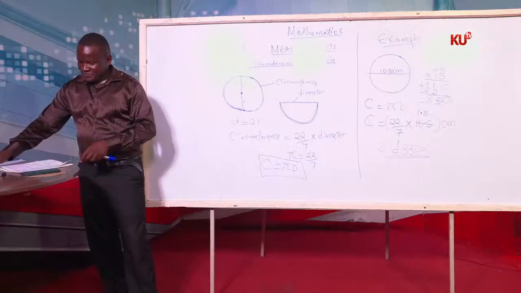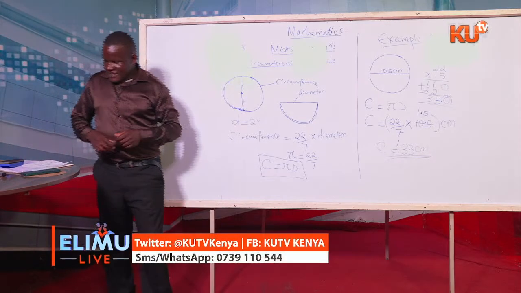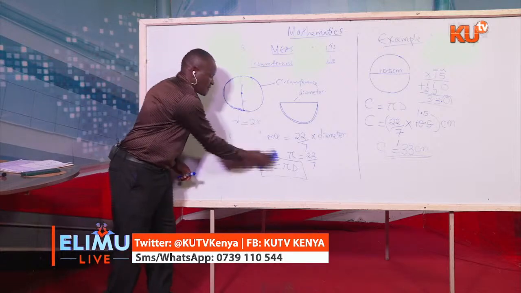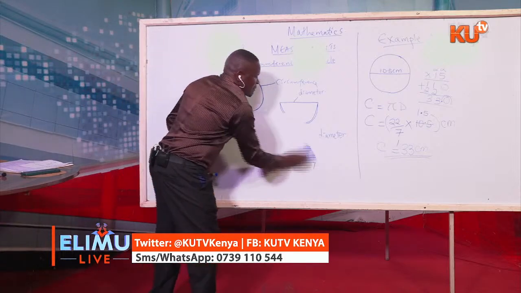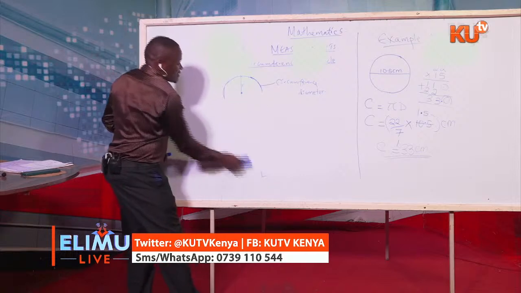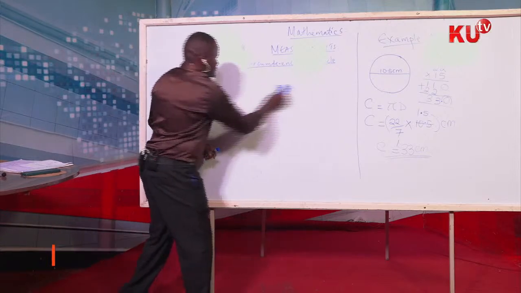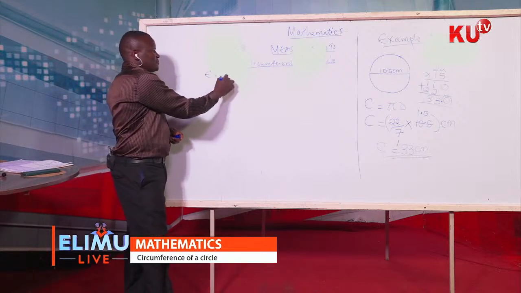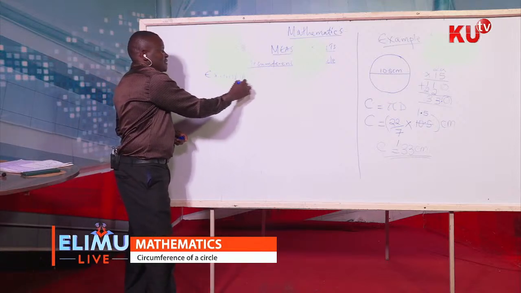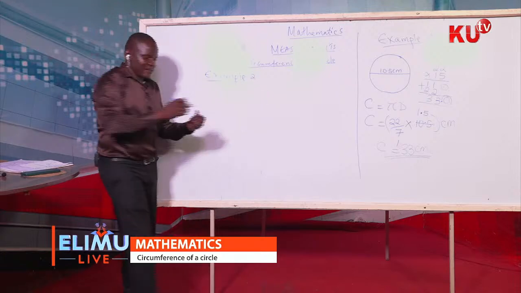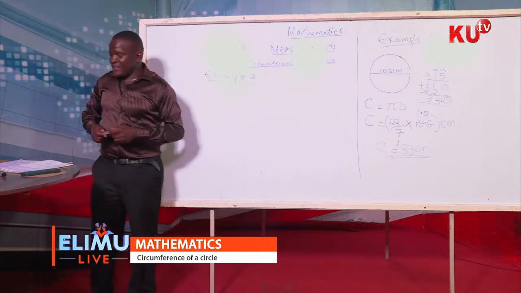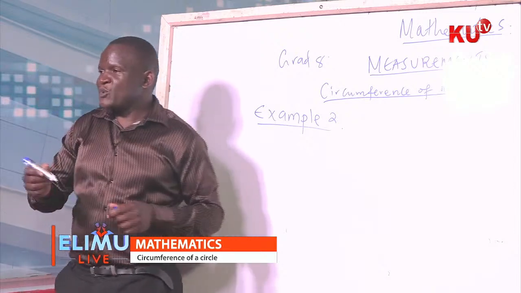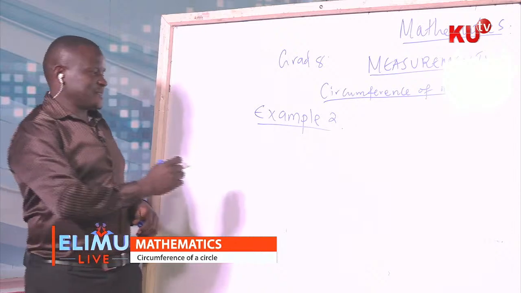Example 2. In our example 2, find the circumference of the circle whose diameter is 4.9.